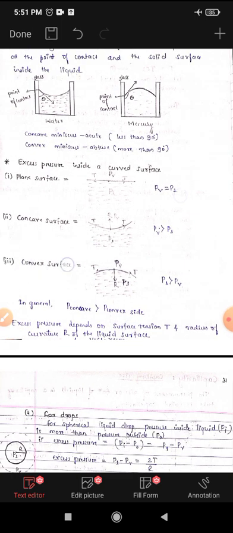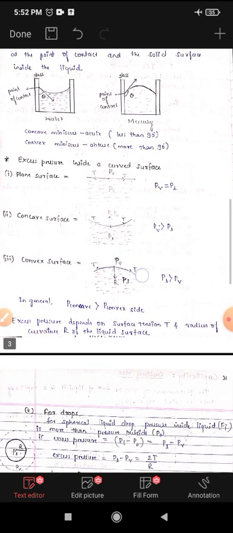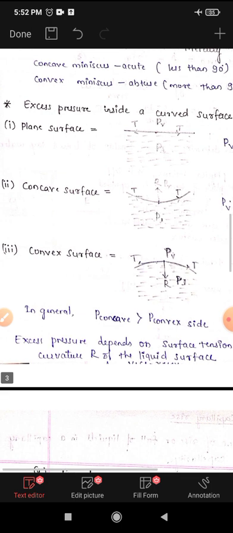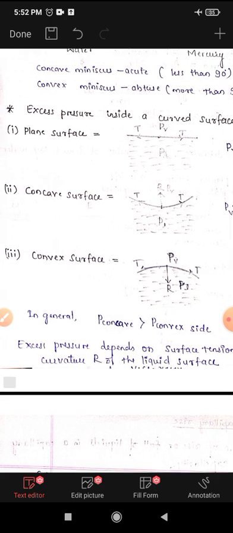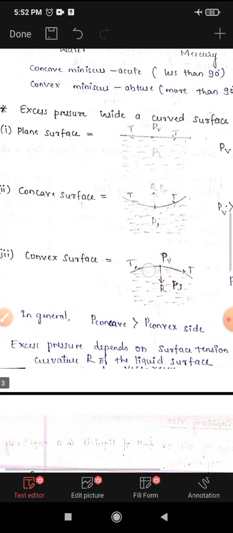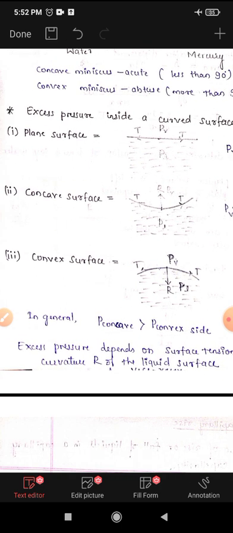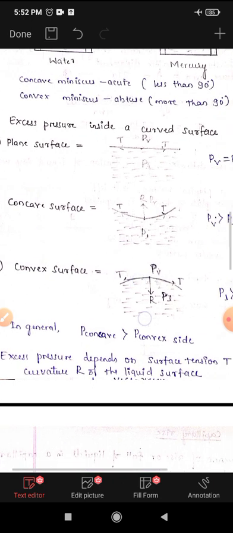And next we have the convex surfaces. Convex surfaces are mainly in this shape. Same as the concave surfaces, here also there is an influence of surface tension. Here the surface tension is acting in a slightly downward direction, that is, towards the liquid side.